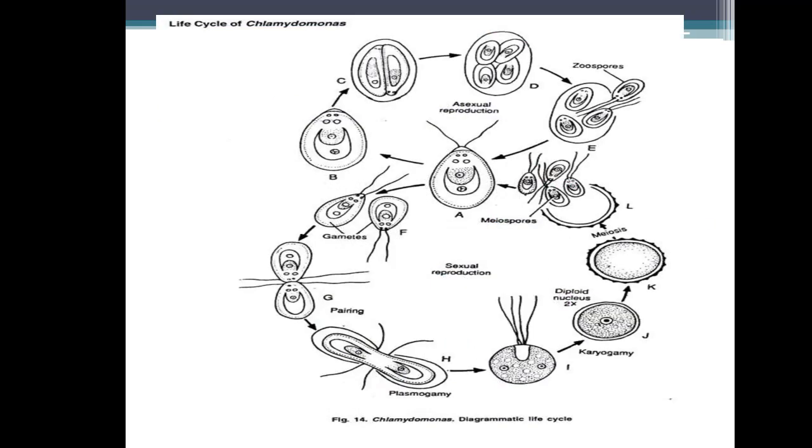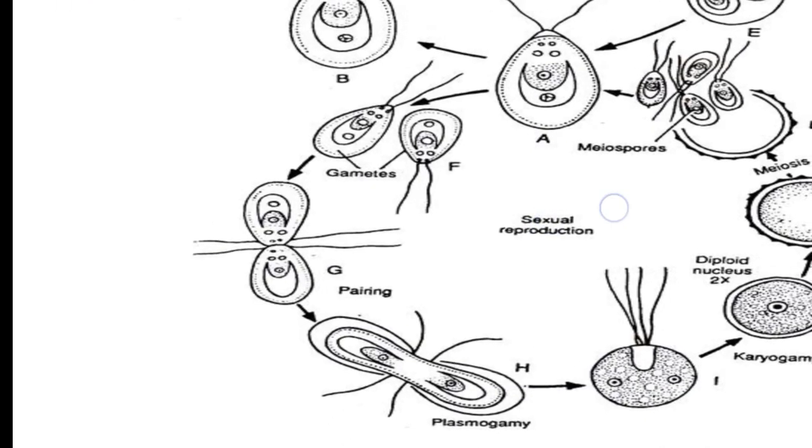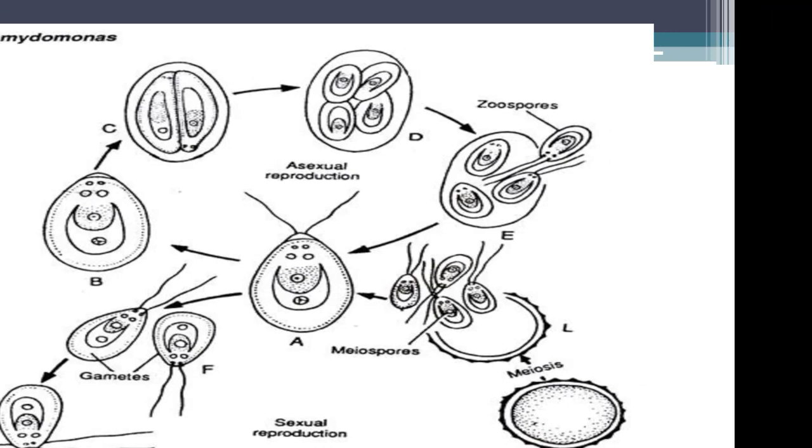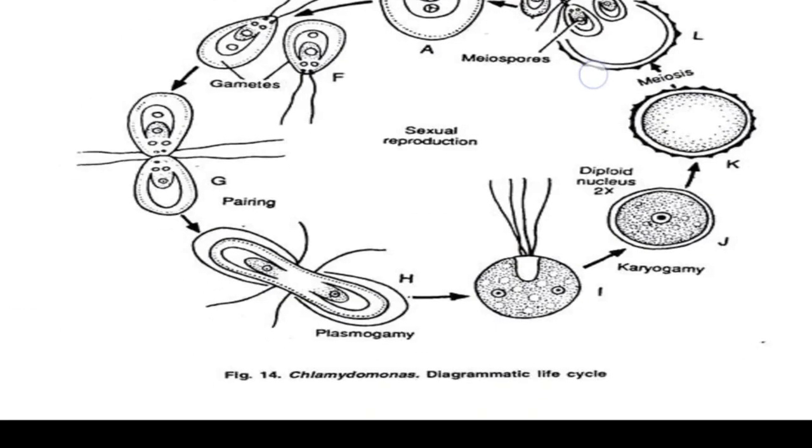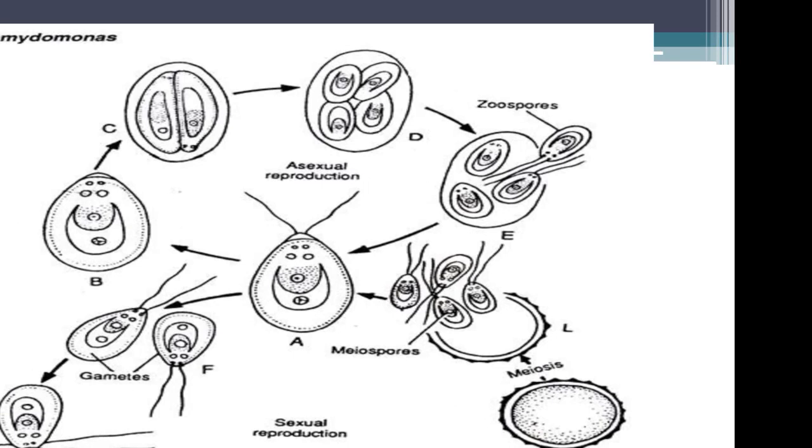Now this is the life cycle of Chlamydomonas. You will observe that it can reproduce by both asexual and sexual methods. Here you will see that this Chlamydomonas is a haploid structure.